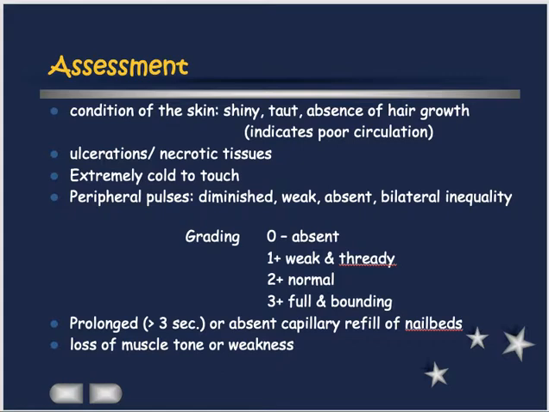This part is more about amputation and how to grade things. For the condition of the skin, you will see any ulceration or necrotic tissue. You will see if it is extremely cold to touch, and you will check the peripheral pulses and grade them: full and bounding, normal, weak and thready, or absent. You will check the capillary refilling time and the muscle tone.